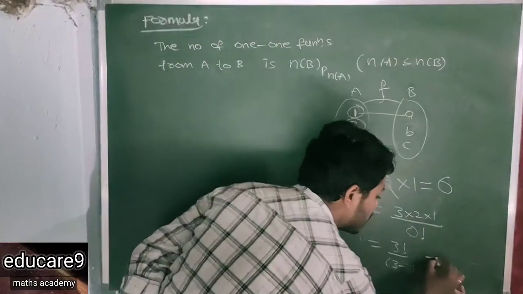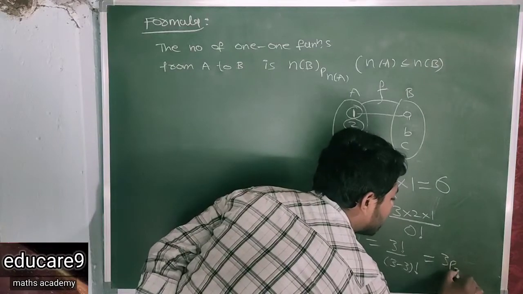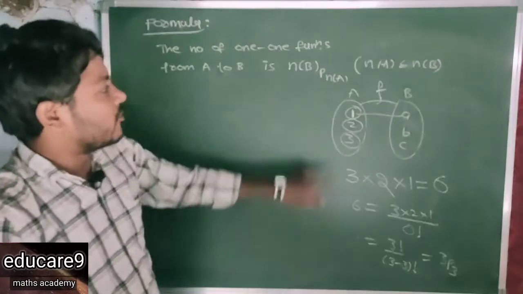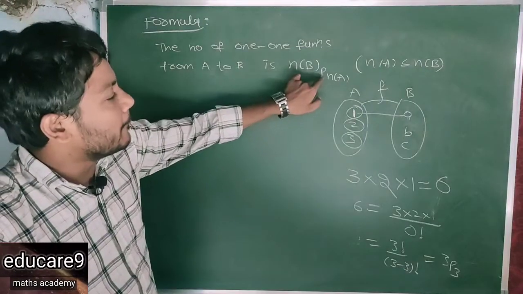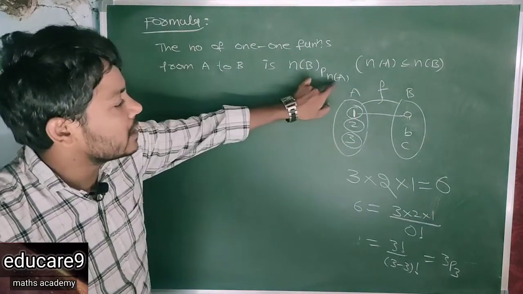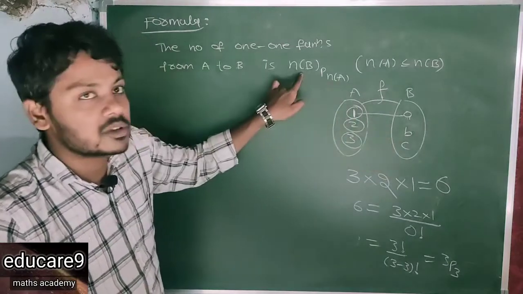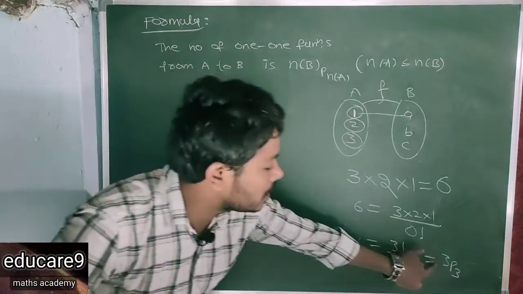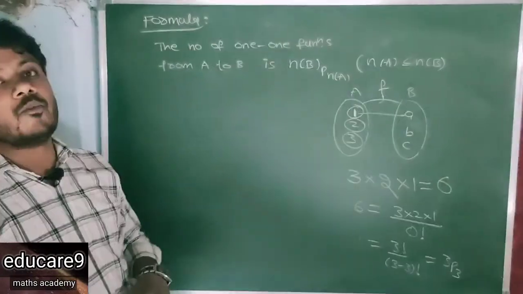So clearly this is 3P3. So that is the formula n(B)P n(A). Here the number of elements in A is 3, and the number of elements in B is also 3, so you get 3P3. So this is the formula.